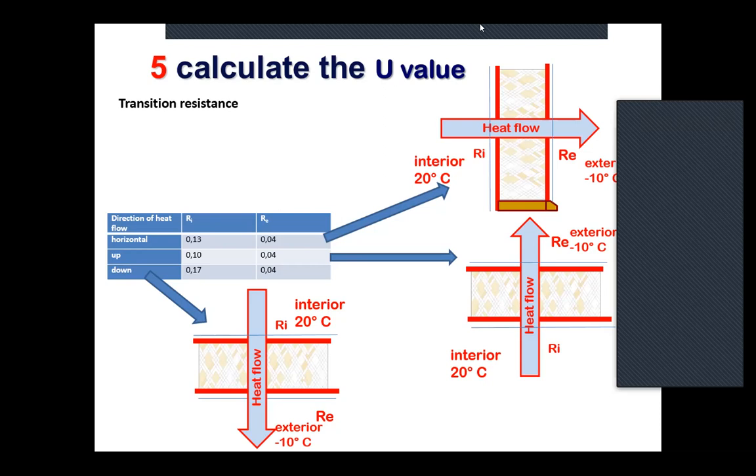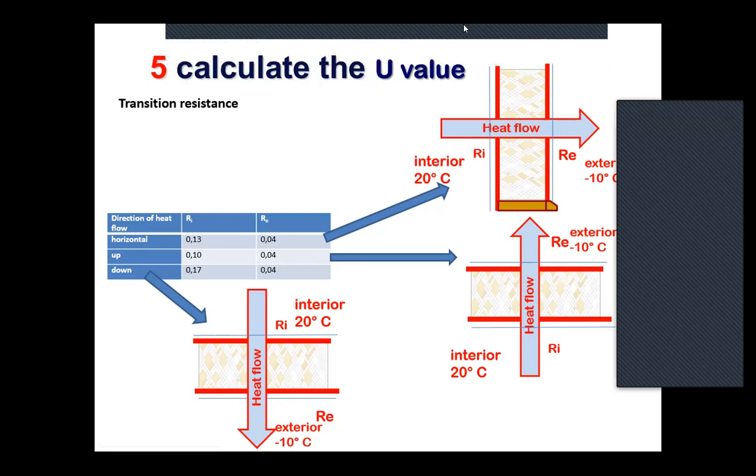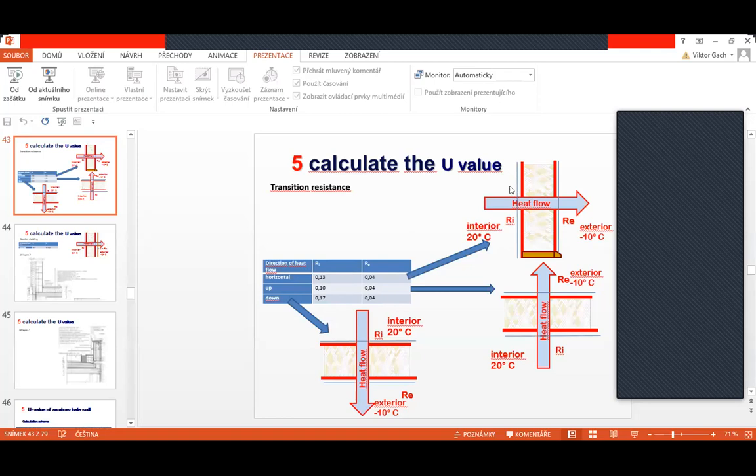This addition is additional resistance inside and outside of the construction. From the building physics point of view, on the surface of, for example, a wall, there is a certain layer of a mixture of radiation and convection, and conduction also starts there.